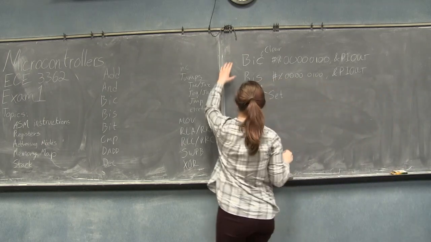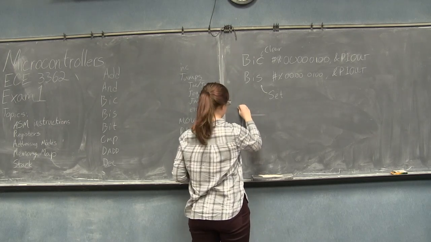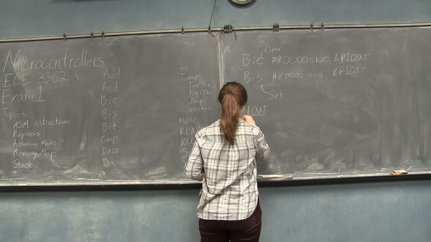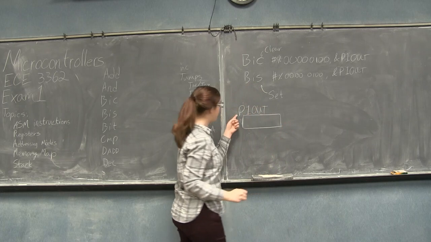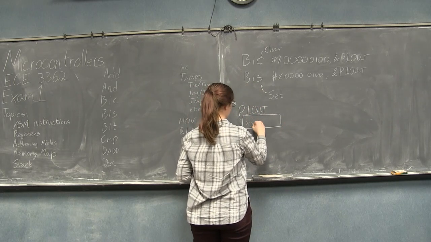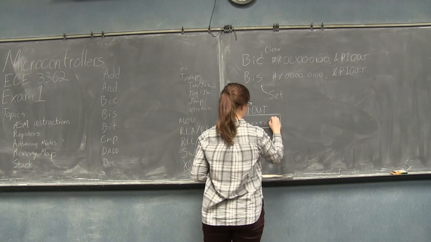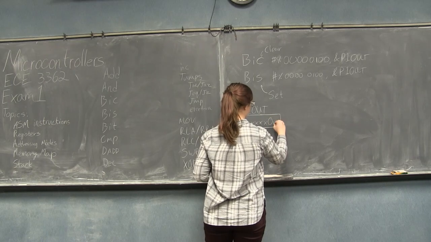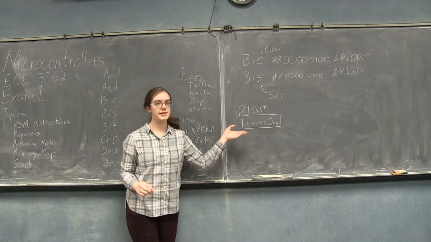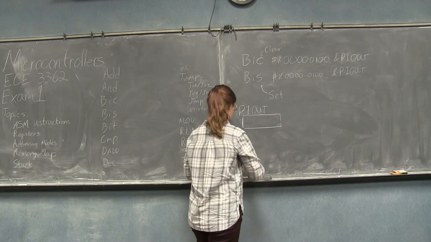So let's say that at the beginning, before these lines execute, say the value of port 1 out, which is an 8-bit register, is some value, and the x's mean that I'll fill those in so as not to confuse you.